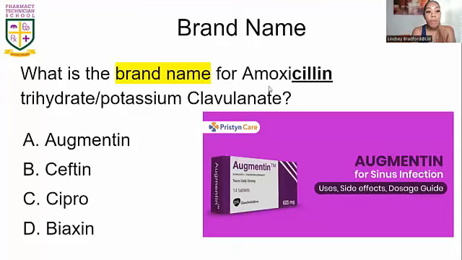Now, the brand name for amoxicillin clavulanate is going to be Augmentin. Augmentin, write that down. All of these that are listed in the multiple choice are antibiotics, and they're all used to treat infections.